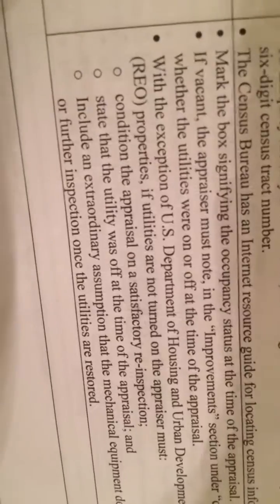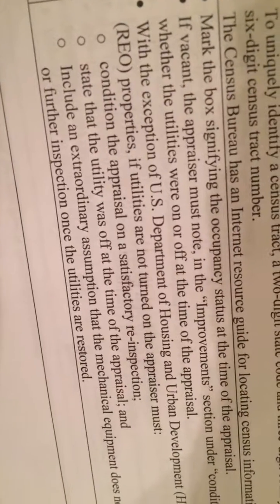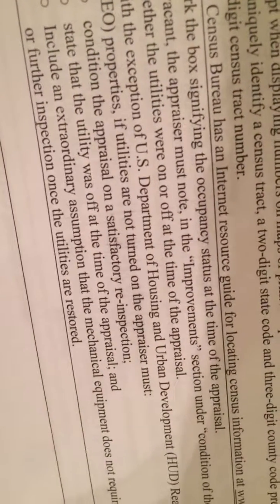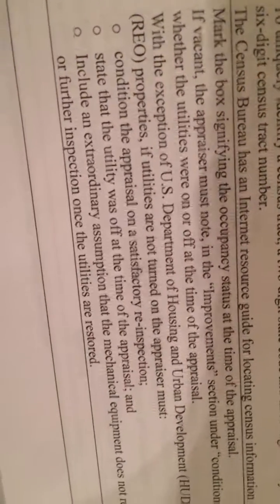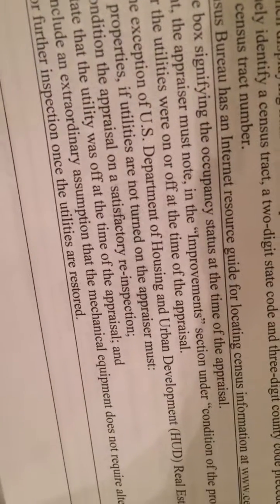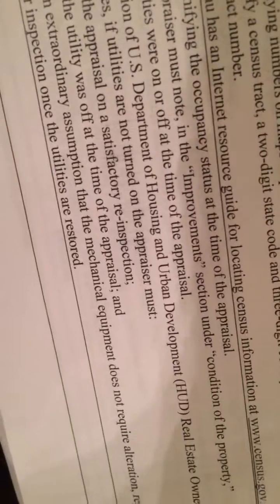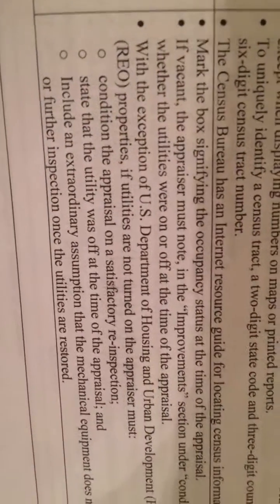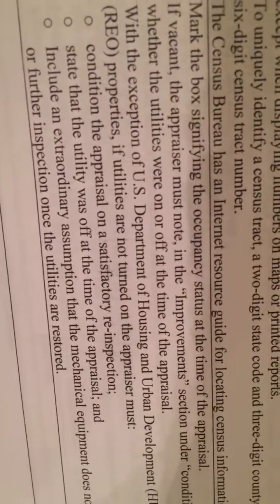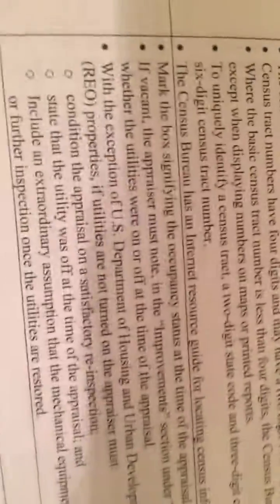Occupant. Mark the box signifying the occupancy status at the time of the appraisal. If vacant, the appraiser must note in the improvements section under condition of the property whether the utilities were on or off at the time of the appraisal.